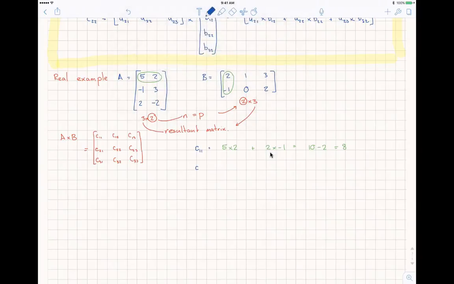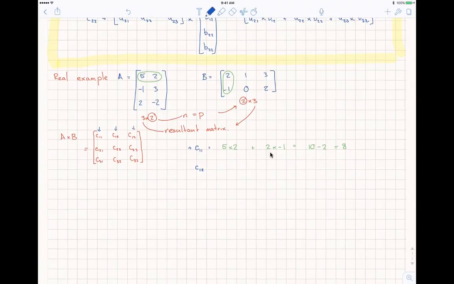Second, we're going to find C12. So also take note of which rows and columns go where in our resultant matrix. So C11 is the one we do first, C12 we'll do second, and then C13. So if you look at it, row 1 multiplied by column 1.